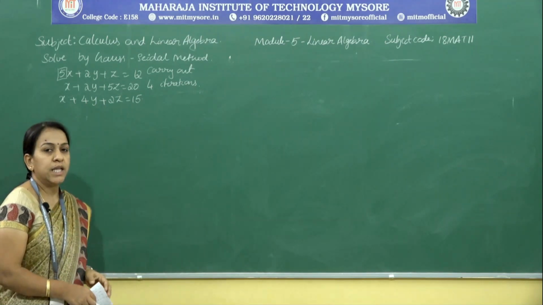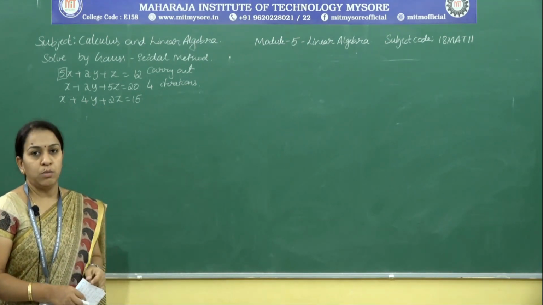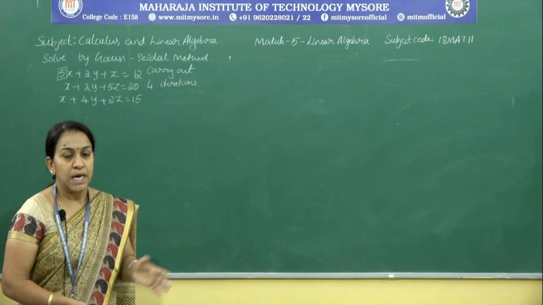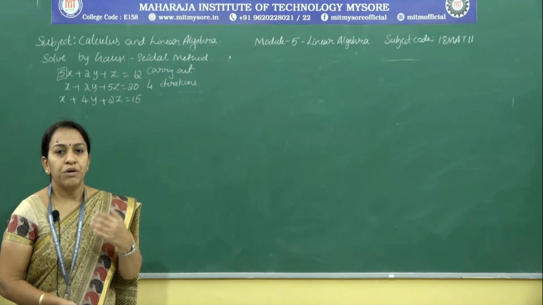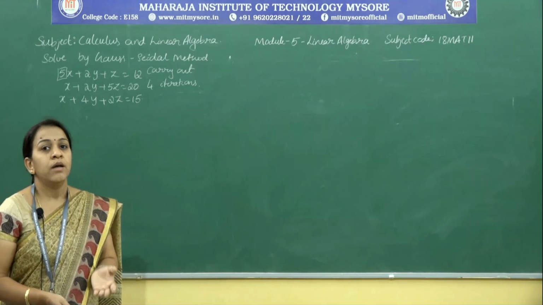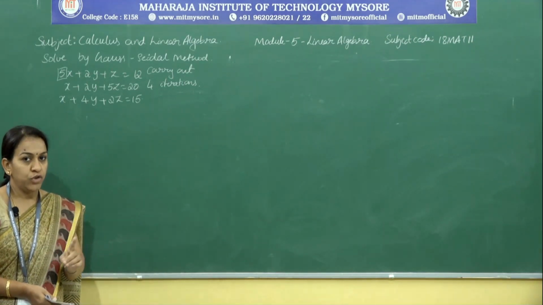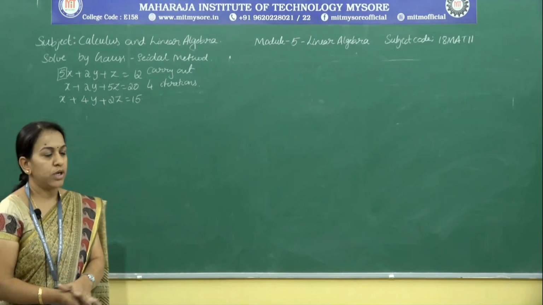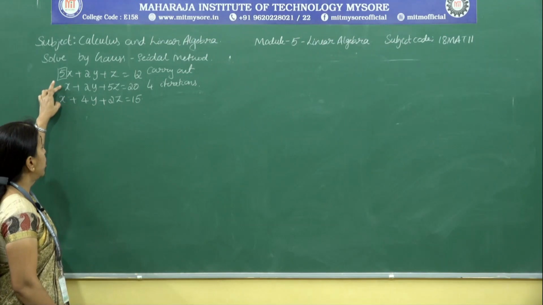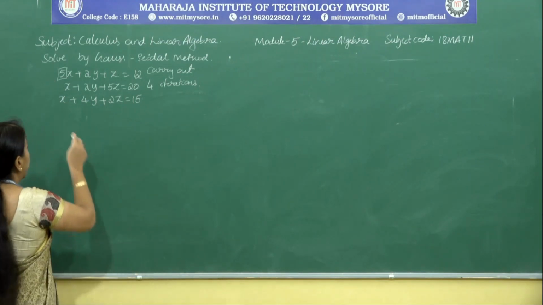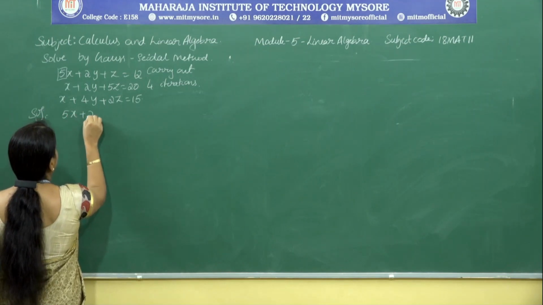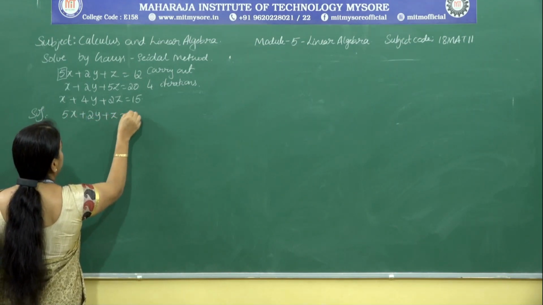If this is the case, then we can interchange the equations. If they are given to you in this order, don't solve keeping it as it is, right? We should rearrange the equations so that in the first equation the x coefficient is more, that means it should be a diagonally dominant system. So I am going to interchange the second and third equations. I will rewrite the equations like this: 5x plus 2y plus z equal to 12.